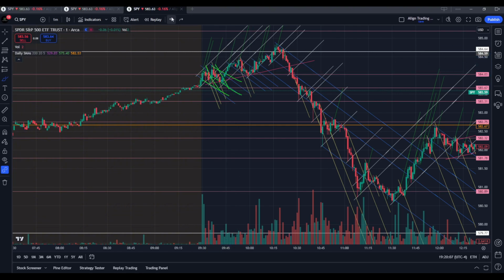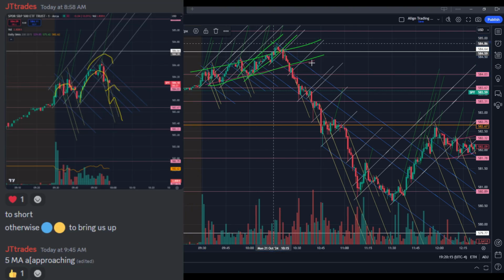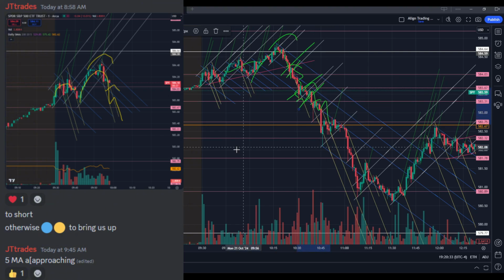But we were starting to see this tapering algorithm right here, as you can see from this stronger white, and you do not see this blue and yellow continue to form right here, and we start seeing this head and shoulder forming, as well as that inverse cup and handle off of that white algorithm. And from here, we start to see this move to the downside right here with these head and shoulders.